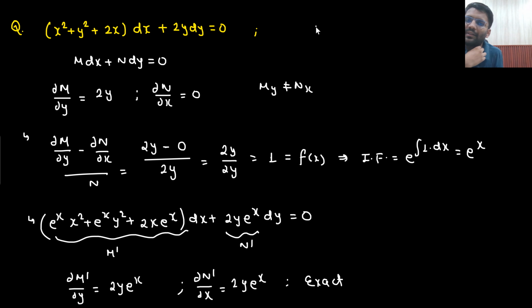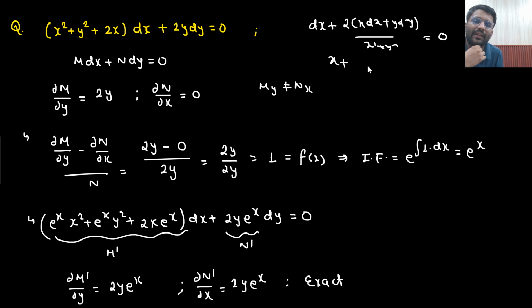By the inspection, here we were getting dx plus 2x dx plus y dy divided by x square plus y square equals 0. This will be x plus ln of x square plus y square equals constant. And here we are getting x square plus y square times e to the power x. Yeah, we are getting the same answer only.